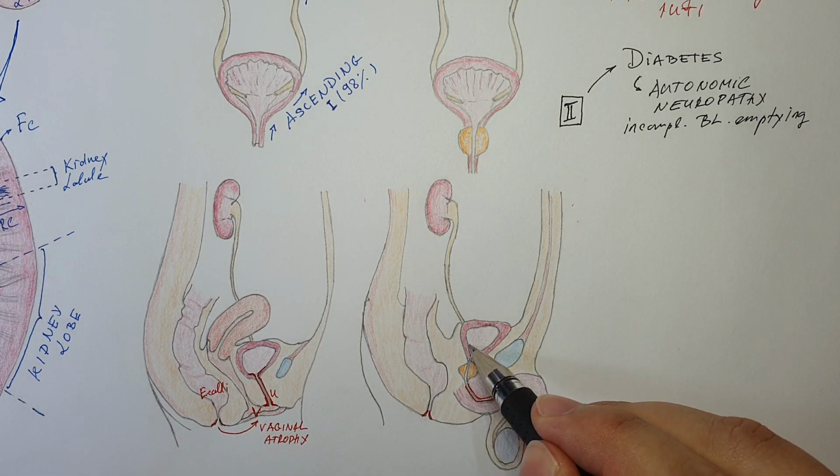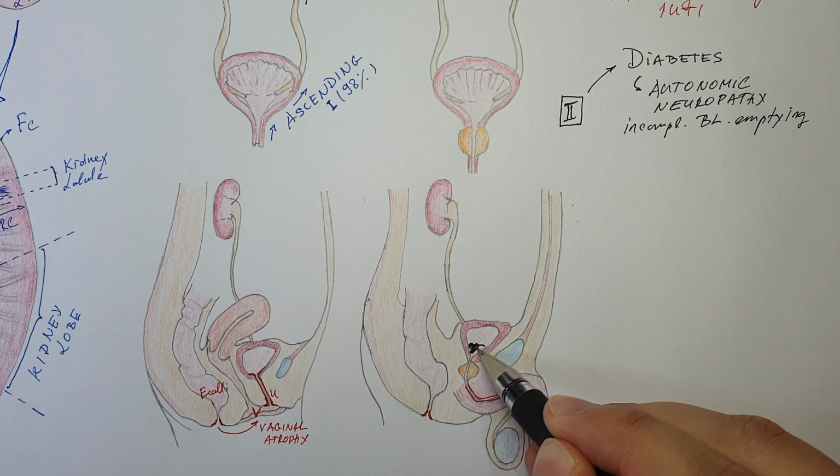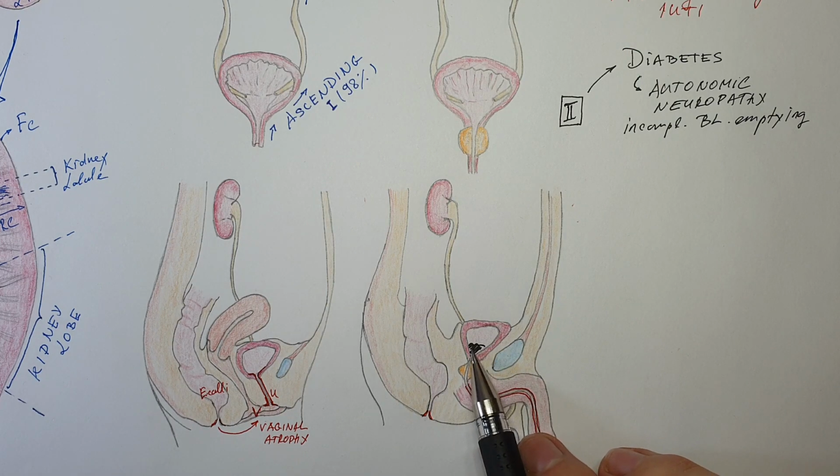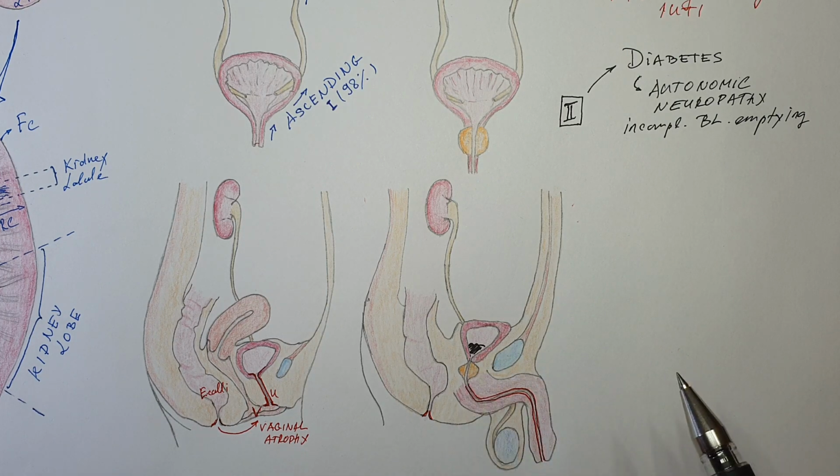And if we have some urine remaining there, this will be a good place for bacteria to colonize. So if we have stasis and obstruction anywhere in our urinary system, that will predispose this individual to urinary tract infection.